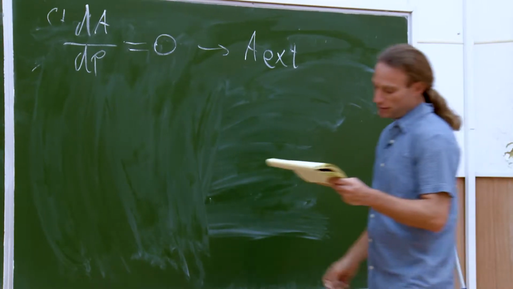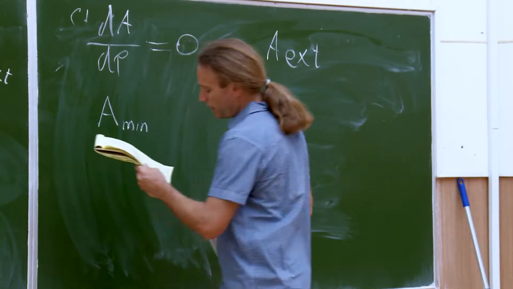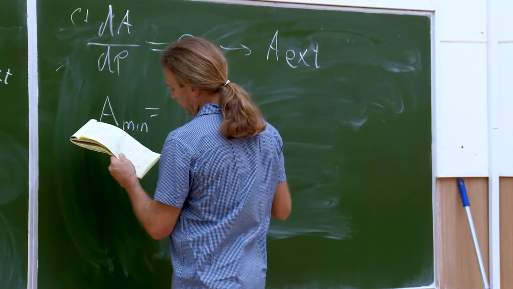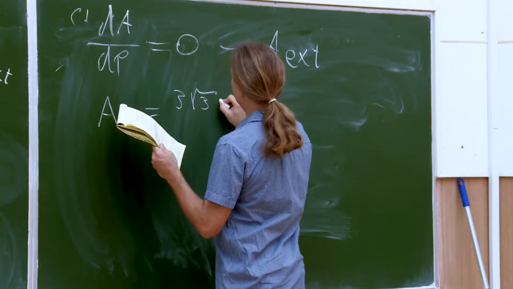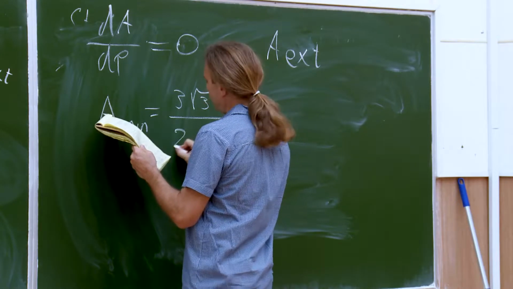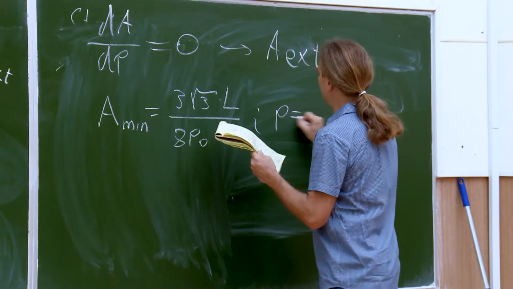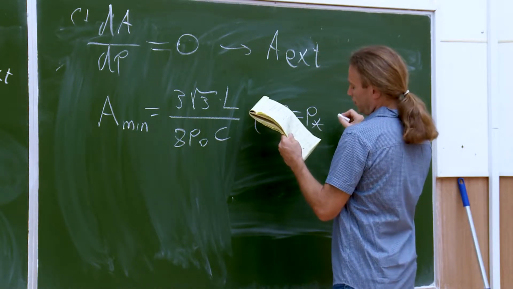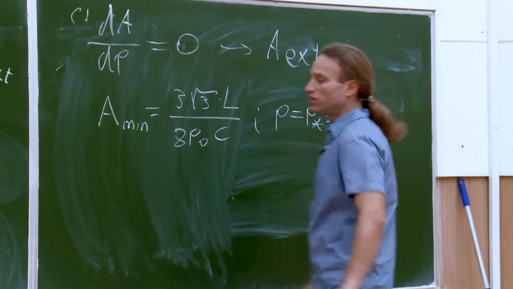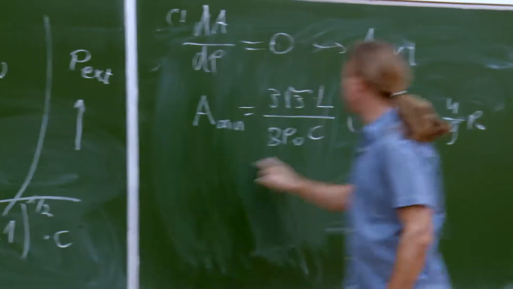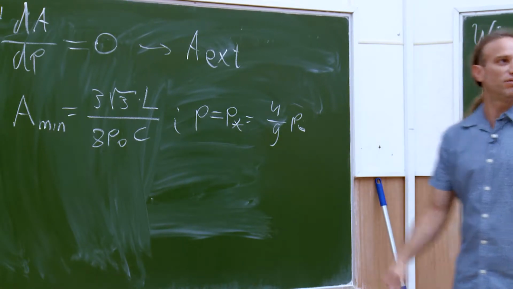And if I do that, I get that A has a minimum point, when A minimum is equal to 3 square root of 3 times L divided by 8 P0 C, when P is equal to P star, which is equal to 4 divided by 9 P0. If you take this, derive it by P, equate it to 0, this is what you will get. You can do it yourself. First year derivatives.